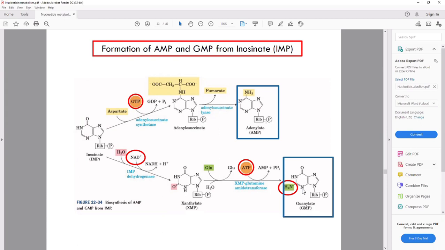Compared to pyrimidine, we need to synthesize the 6-membered ring first before we attach it to ribose and phosphate. This is your adenine, for example. When it is attached to ribose and phosphate, we form the nucleotide, known as adenylate or adenosine monophosphate.